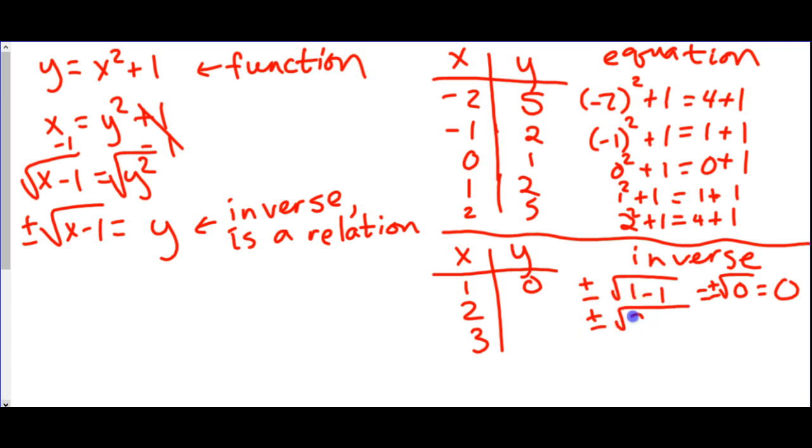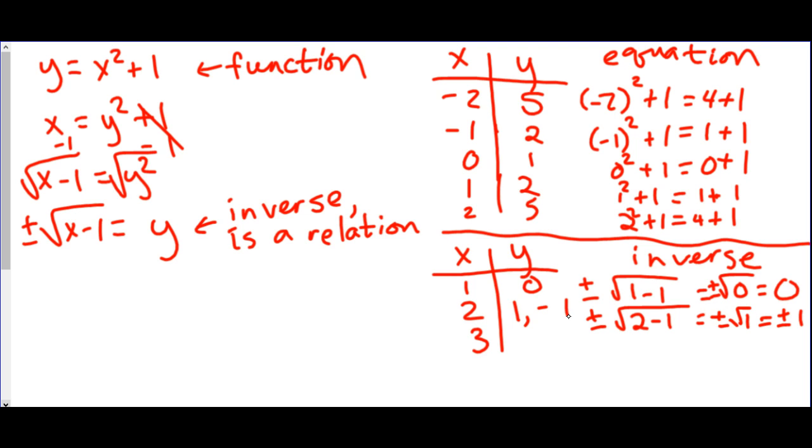Second one, plus or minus square root of 2 minus 1, would equal plus or minus square root of 1. Square root of 1 is 1. So we have plus or minus 1. So that means 2 has two options to go with it, a 1 and a negative 1.